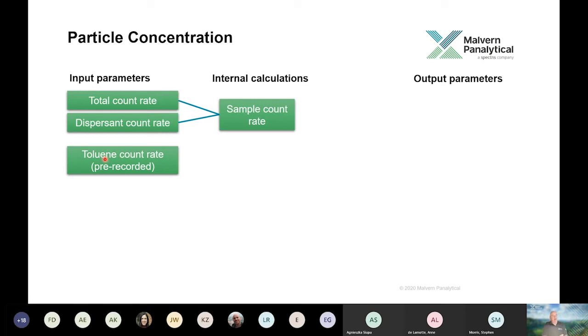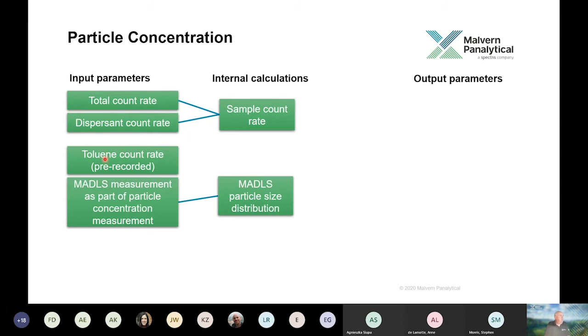The reason we do that is there are going to be subtle differences in the sensitivities between instruments, so we need to, if you like, normalize that. We measure toluene on every instrument that we produce and that value is stored. So if a user goes to do a particle concentration measurement, we've standardized the sensitivity of the instrument according to that toluene count rate, so we don't have to worry about that.